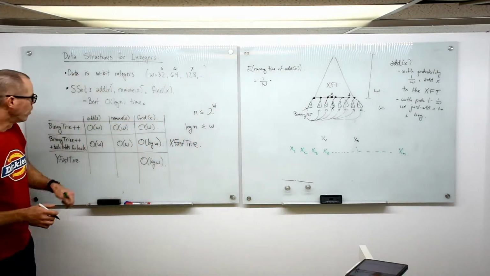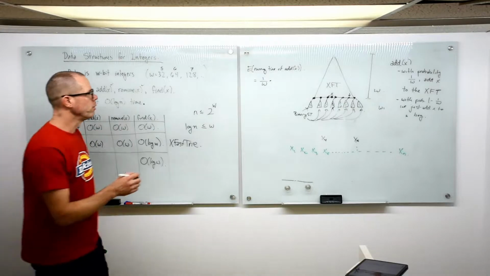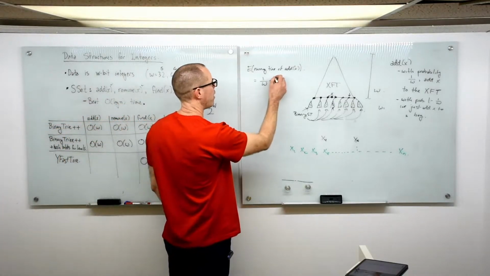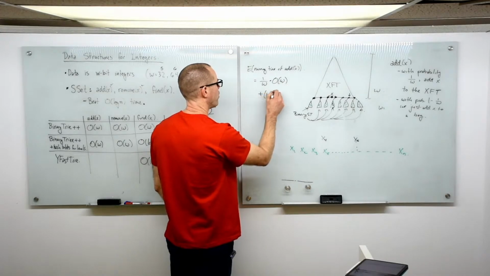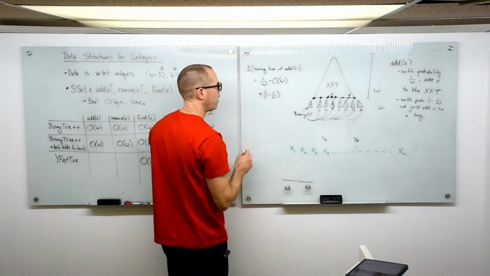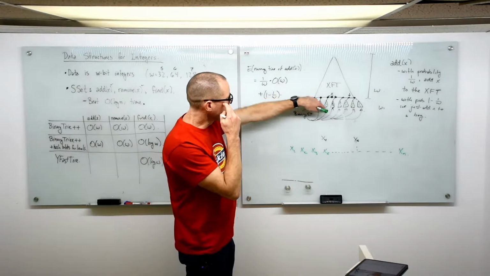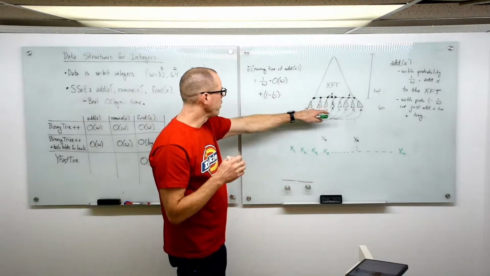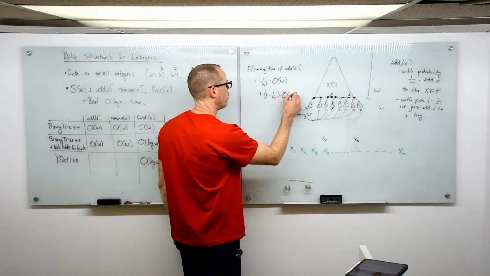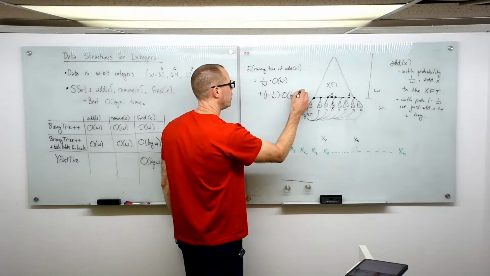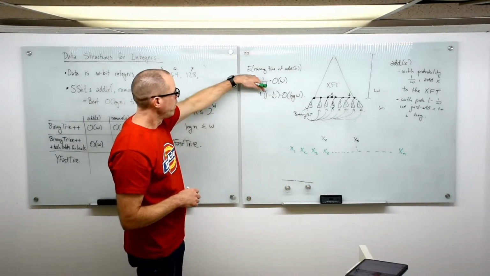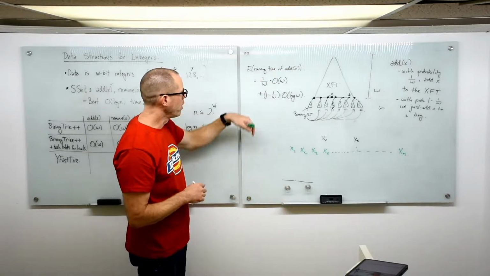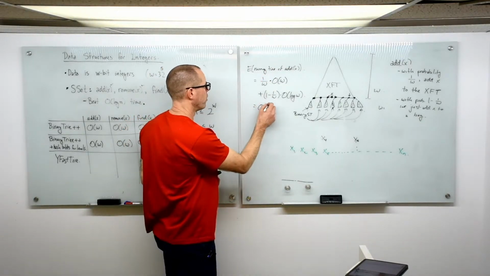That's slow. That takes O of W time. And the rest of the time, I don't have to add to the XFast tree, I just have to add to one of these things. So that's O of log W. Well, 1 over W times W is 1. This is not bigger than 1, so in total this is only O of log W.